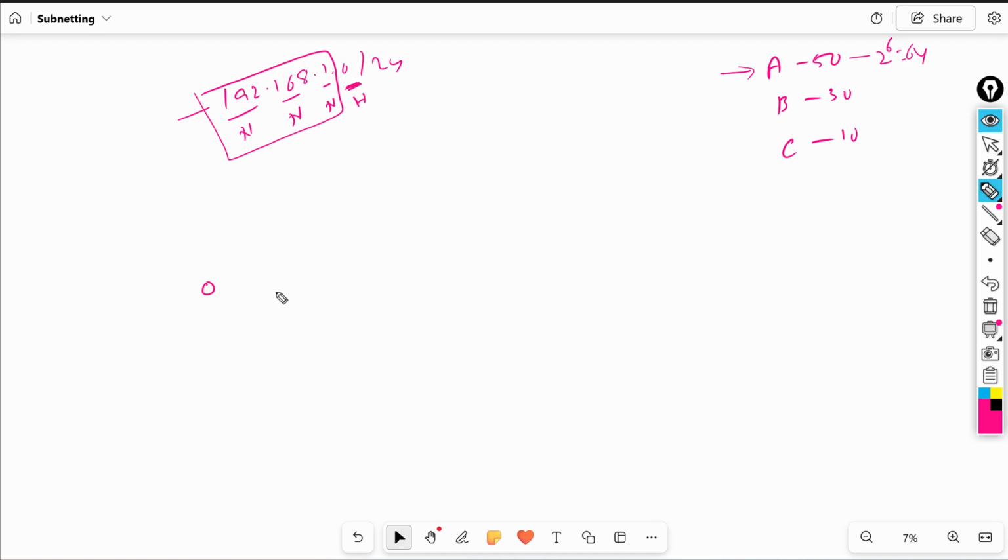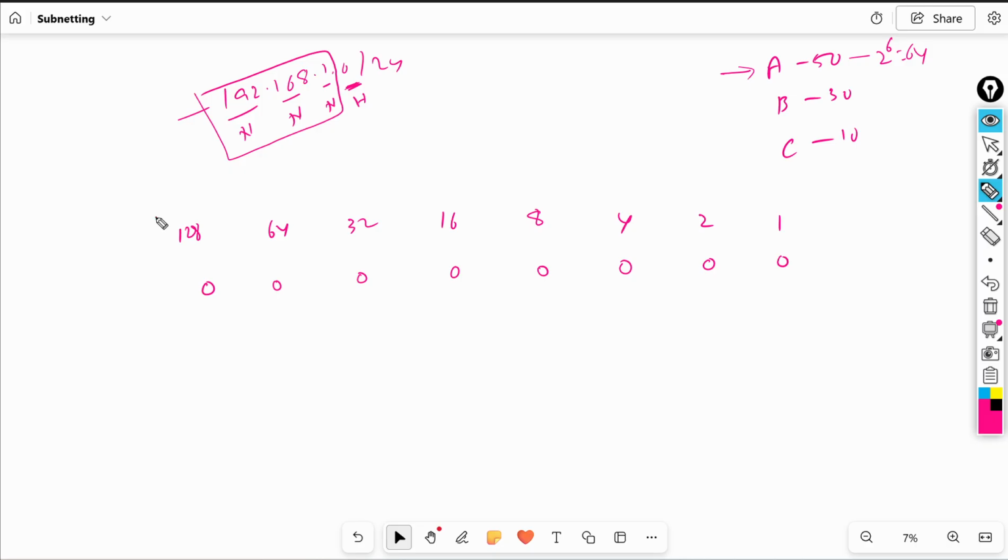We have 8 bits. Let me open these 8 bits: 1, 2, 3, 4, 5, 6, 7, 8. This is the fourth portion. The values are 1, 2, 4, 8, 16, 32, 64 and 128.